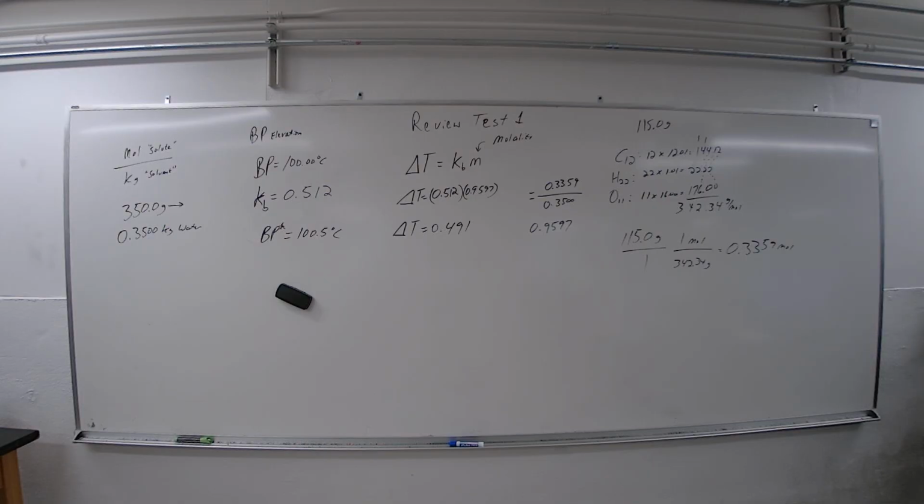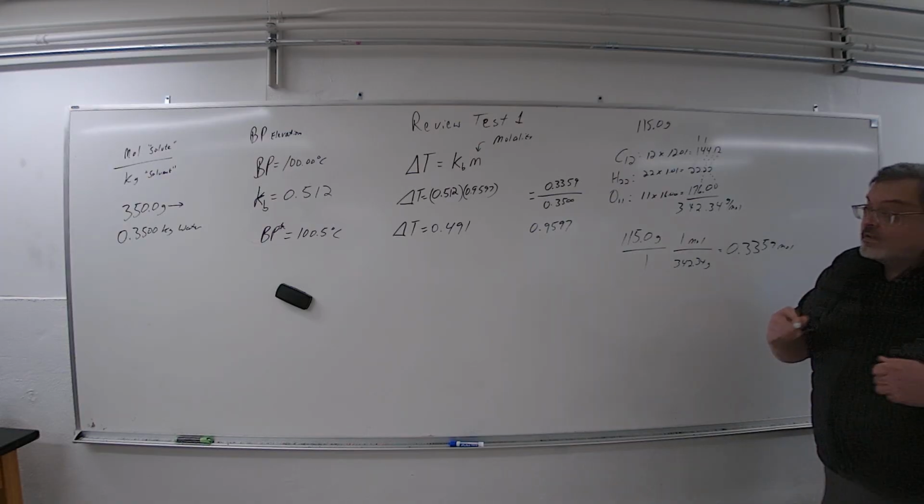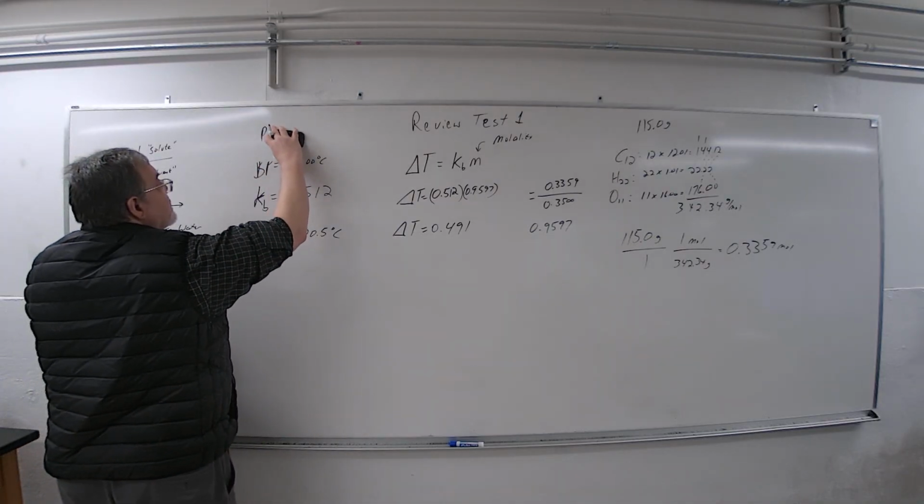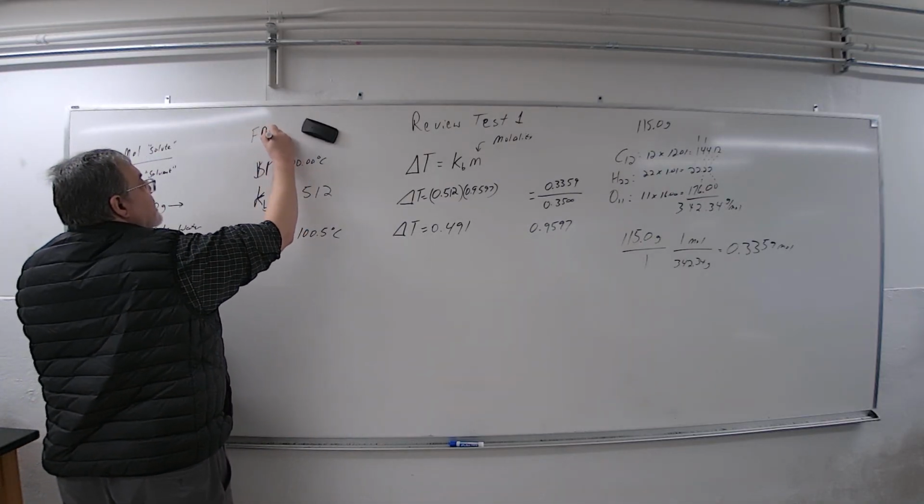Let's go on to this one. Okay, benzene. Up here, benzene, the freezing point is 5.5 degrees. So we're now doing freezing point depression. It's always depression.